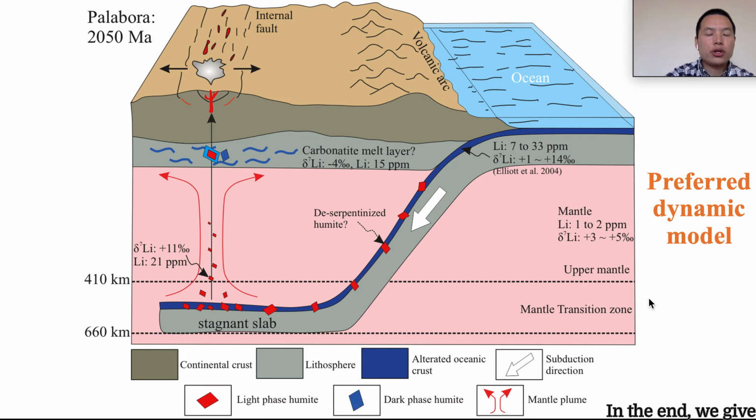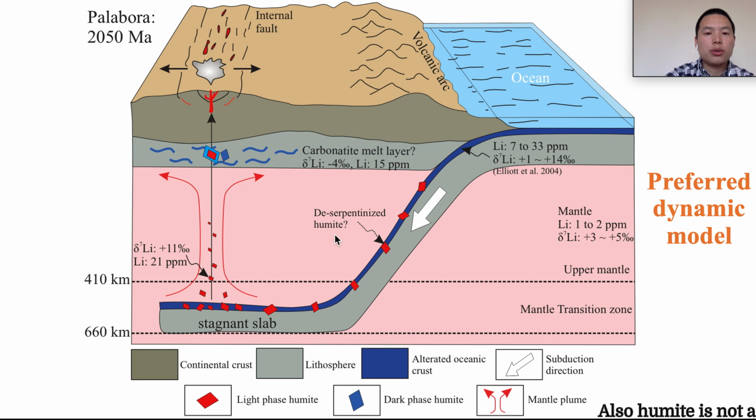In the end, we give our preferred dynamic model. The earliest humite light phase has a very positive delta lithium-7 and high lithium contents. It's very rare and very different from the normal mantle, but it's very similar to the altered oceanic crust.